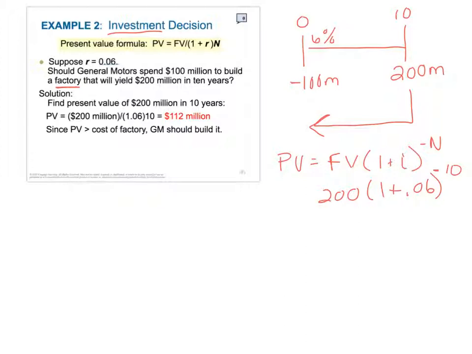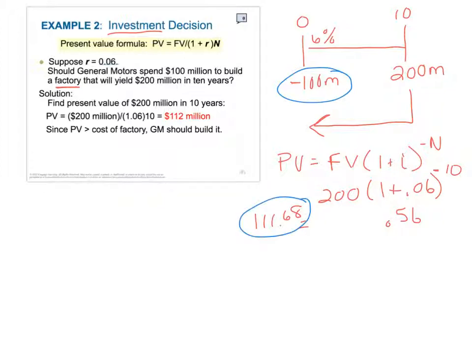And that gives me 0.56. And I'm going to multiply that by the 200, and I end up with a present value of 111.68.